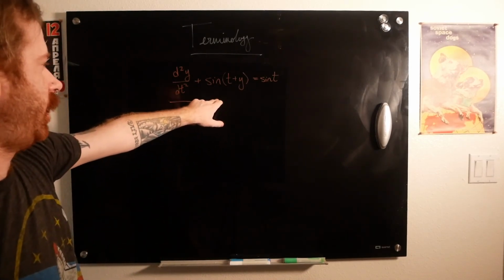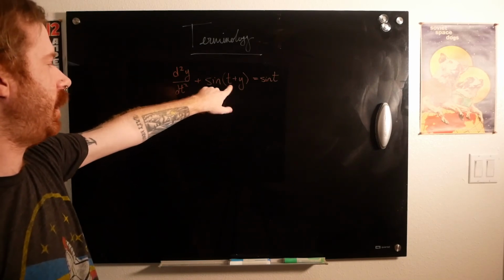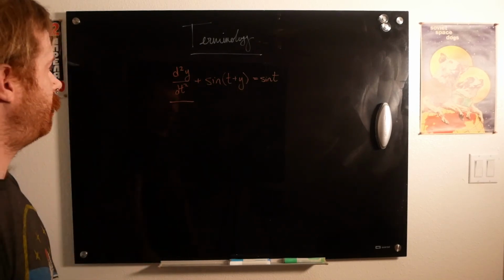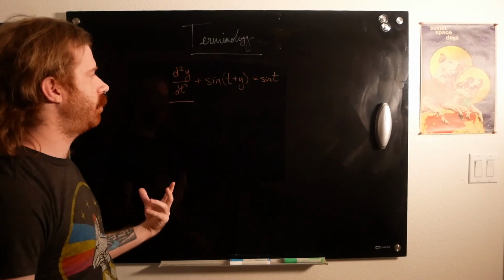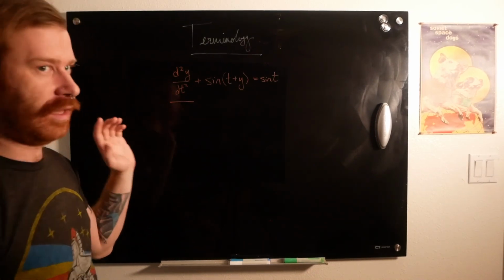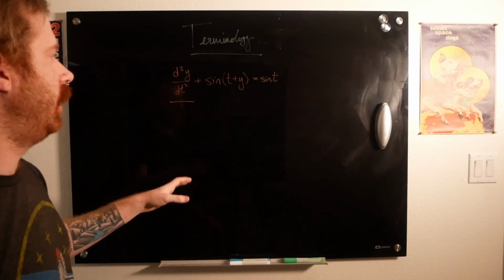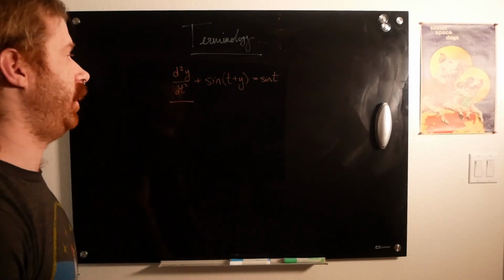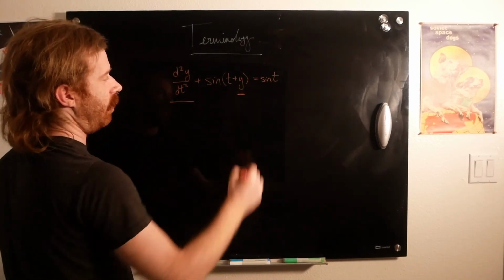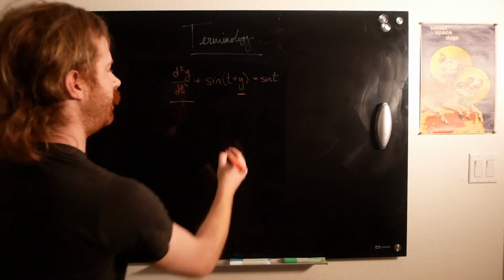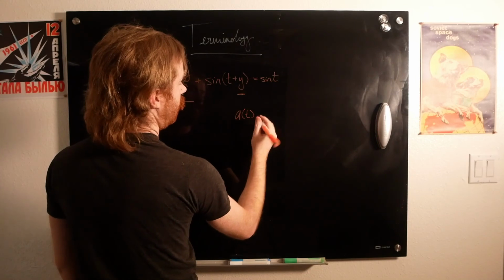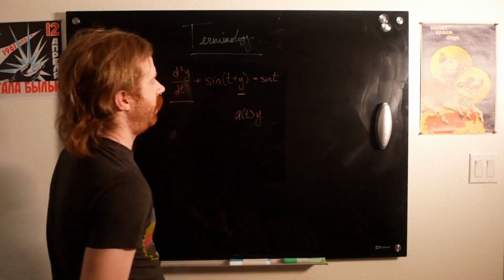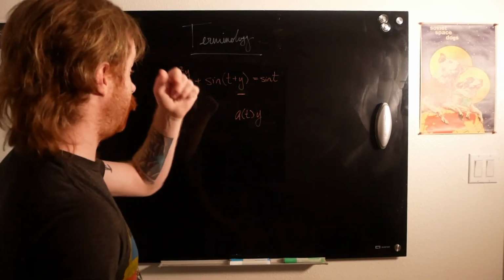This is where it gets weird because you have the sine of y, and it's not multiplied by just y. So this would be nonlinear because of this y right here, because remember, it has to be in the form a of t times y, right? And this does not look like that.